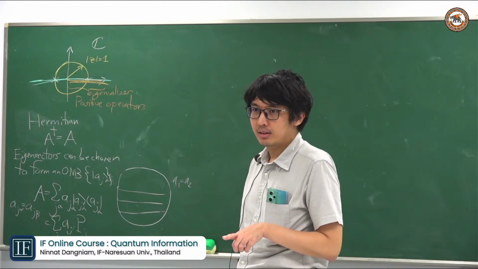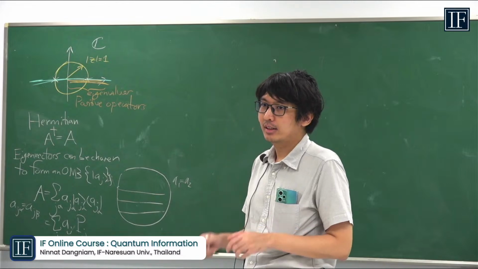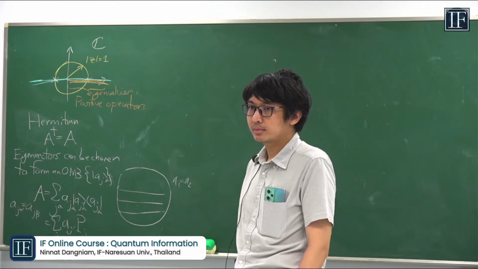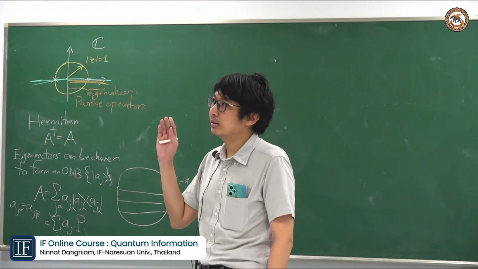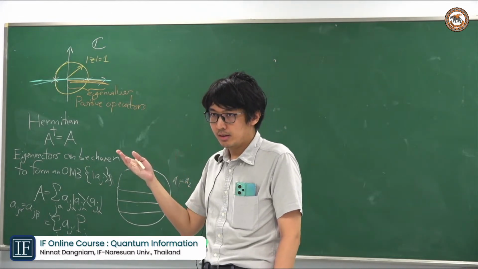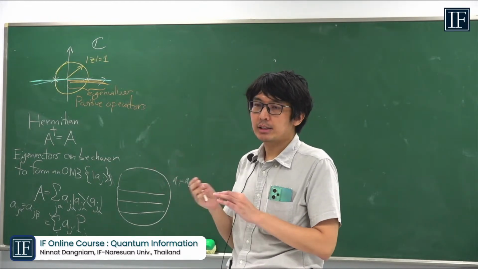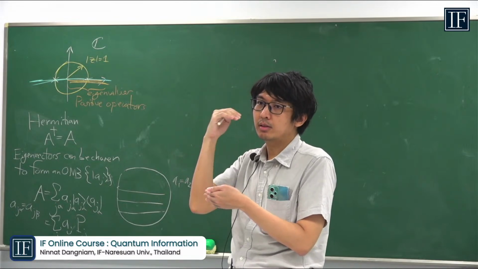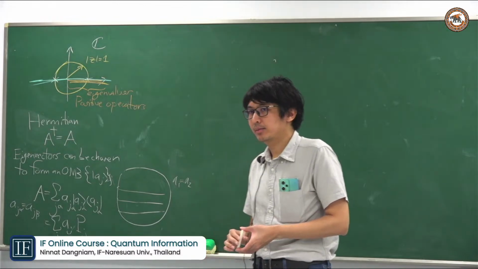A subspace of an orthonormal basis is a set of vectors, right? An eigenspace is a subspace of the vector space. Yes, so you can partition it. Given a Hermitian operator, or later on a normal operator, you can partition the vector space into a direct sum of orthogonal eigenspaces.